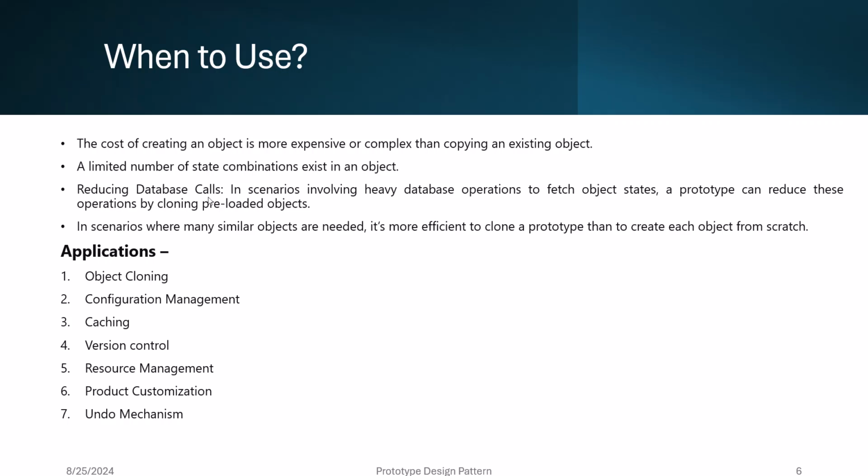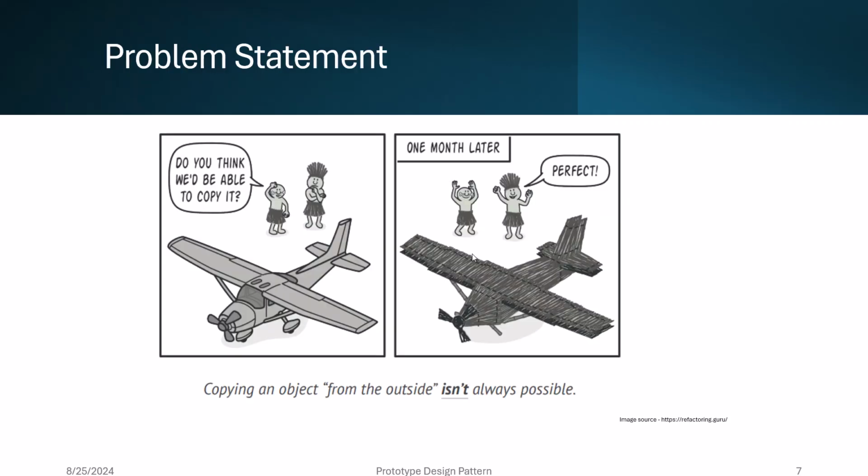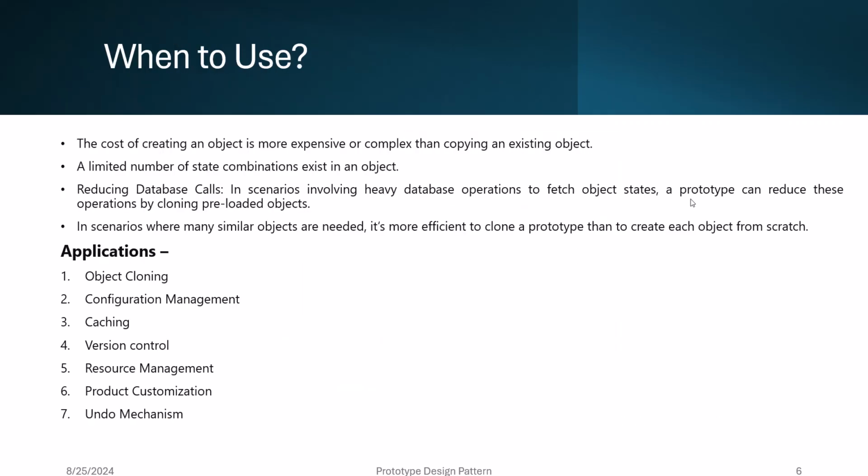Then reducing database calls: in scenarios involving heavy database operations to fetch object states, a prototype can be used to reduce these operations by cloning preloaded objects. And next are scenarios where many similar objects are needed. It's more efficient to clone a prototype than to create each object from scratch.